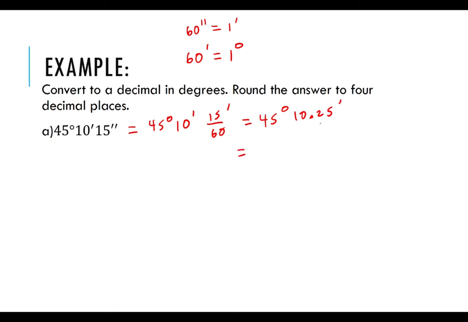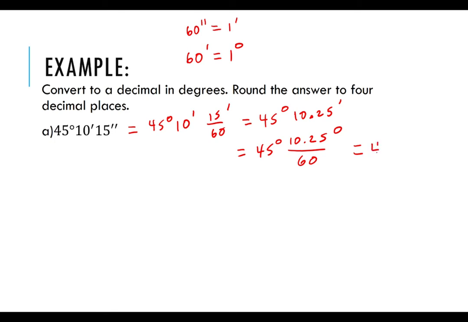Well, now that we have these minutes, we know that there's 10.25 minutes, but we also know that there are 60 minutes for every 1 degree. Just write that over 60 and put the degree symbol on it. So that's going to be 45 degrees and 10.25 over 60 degrees. Technically, you're just adding those, but 10.25 divided by 60 in decimal form is 0.17083333 repeating.